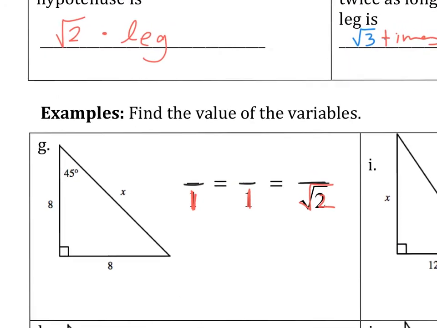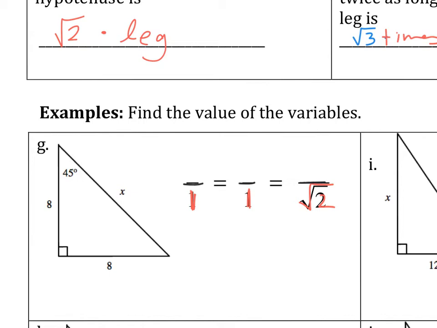And what we're going to do is place the leg, and the hypotenuse. Notice that these are small, small, long. Because radical 2 is about 1.4, so the longer one's going to correspond there.